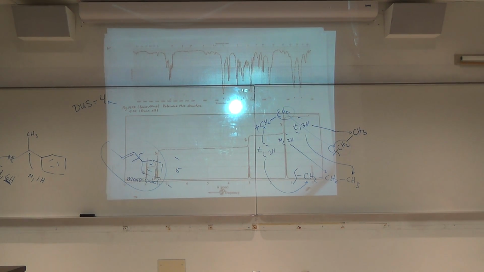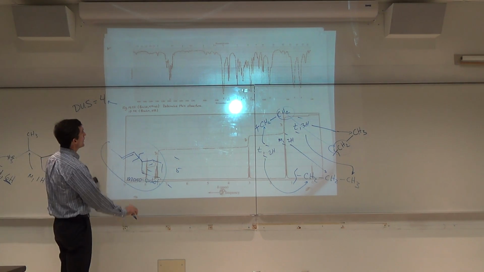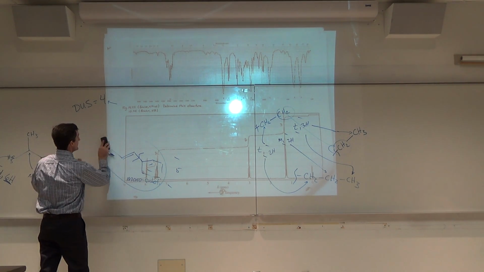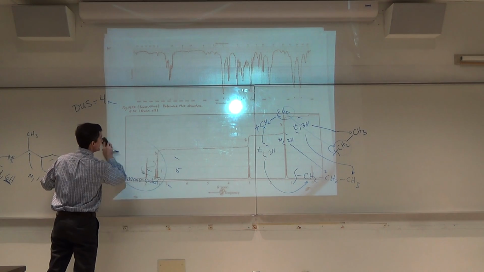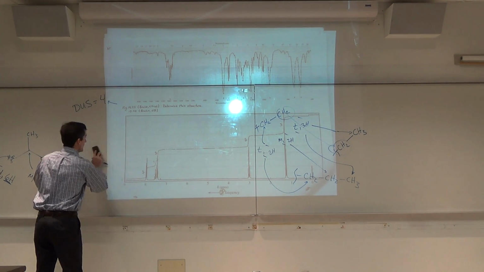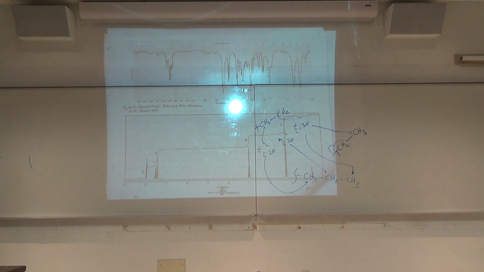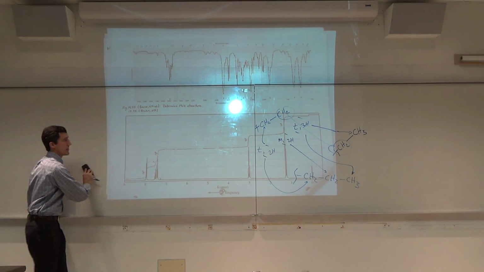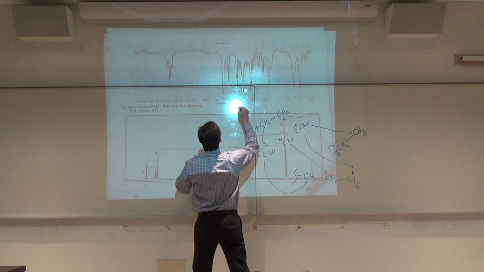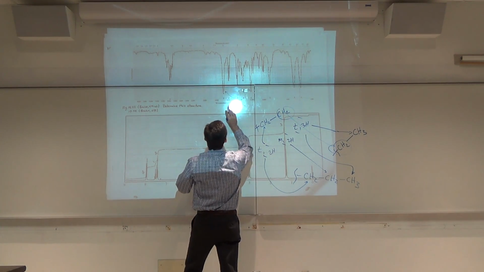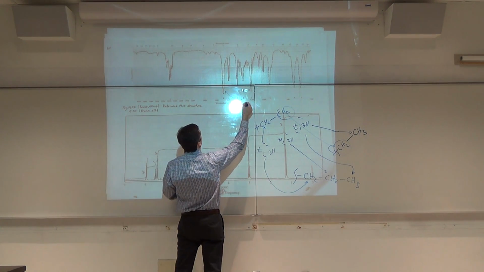Let's see what we got here. Quick look at the IR. Do you see anything? First off, there's no formula. We can't do DUS. This is a pretty strong peak here at about what? 1700. What do you say that is?